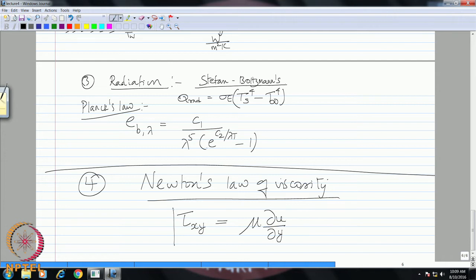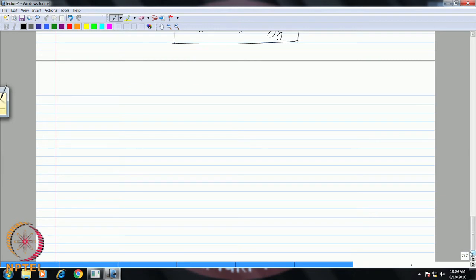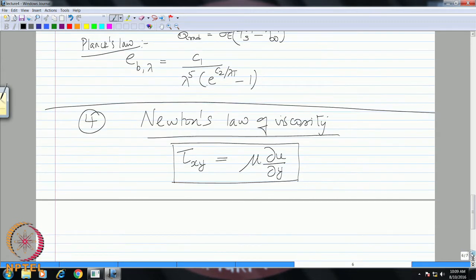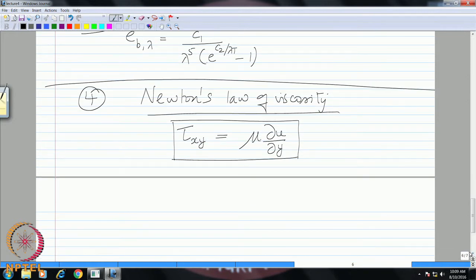So, this is valid for so called Newtonian fluids which follow this particular behavior, and this is another example of a constitutive relationship which is required to solve the Navier-Stokes equation, because once again when we write down the momentum equations, we have everything in terms of stresses, and in order to solve them we need this closure. So, for closing, we need this particular constitutive relationship given by the Newton's shear stress law. So, this is again another one.